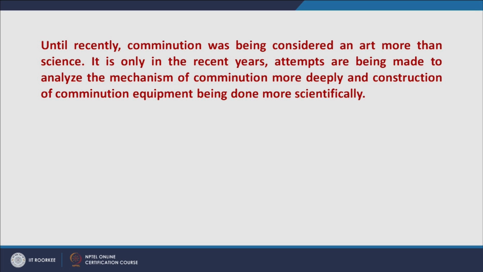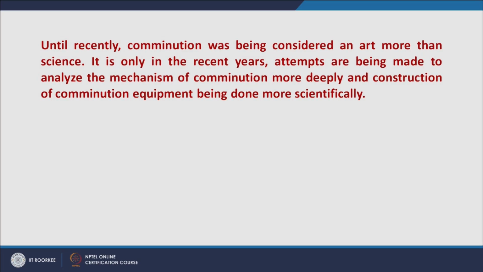Until recently, comminution was considered an art more than a science. It is only in recent years that attempts are being made to analyze the mechanism of comminution more deeply, and construction of comminution equipment is being done more scientifically.